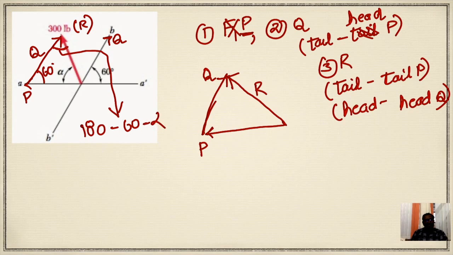Okay, or let me just rewrite it. This angle, let me just take it as beta. In trigonometry, the sum of all the angles in a triangle is equal to 180 degrees.